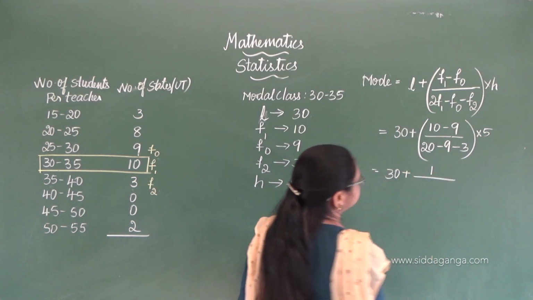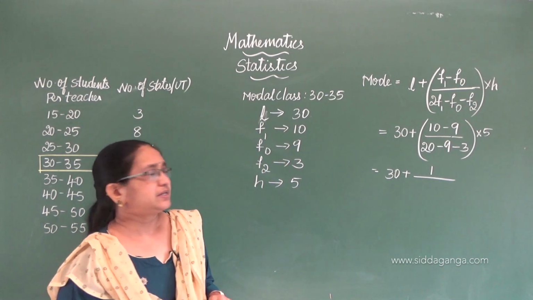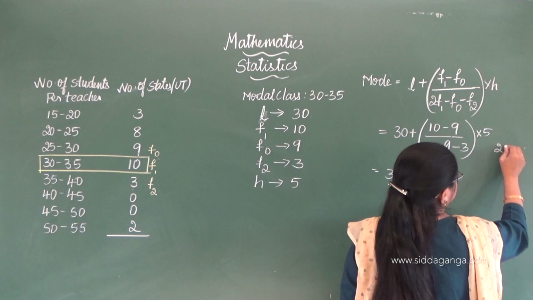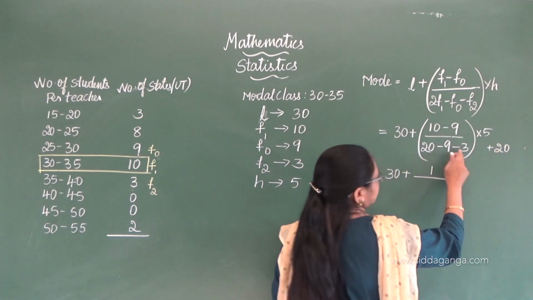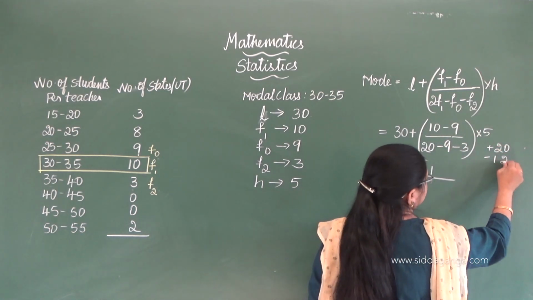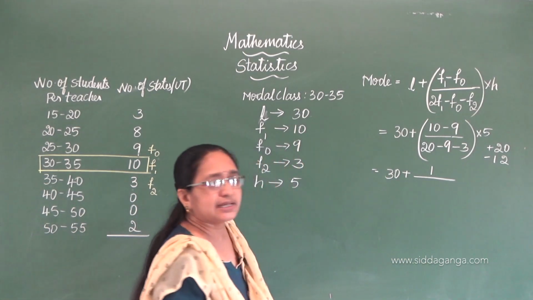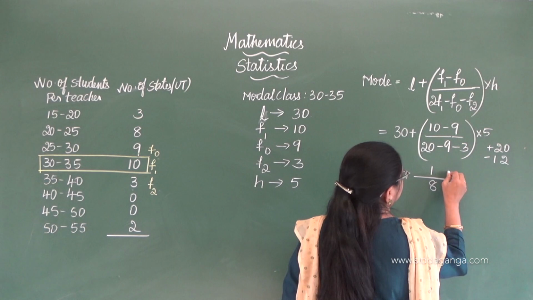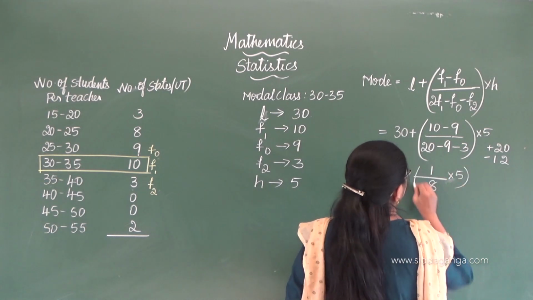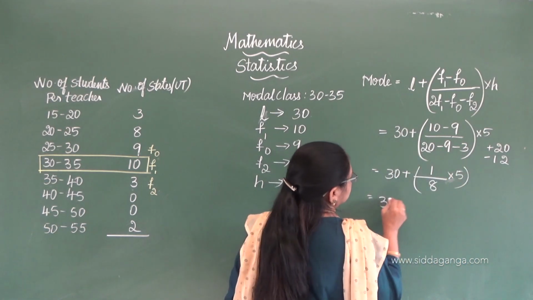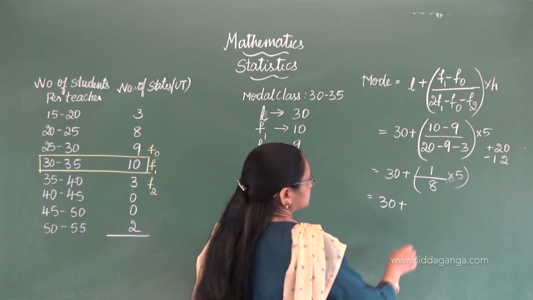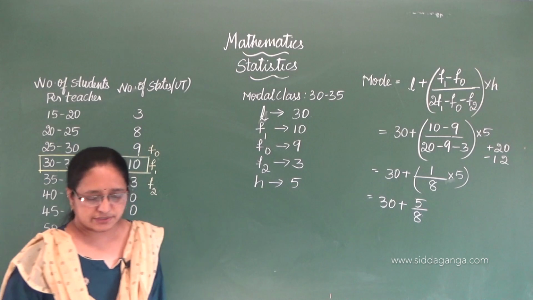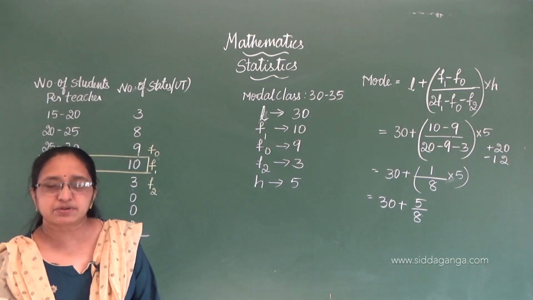So 1 by 20 minus 12, which is 8, into 5. So 30 plus 5 by 8.